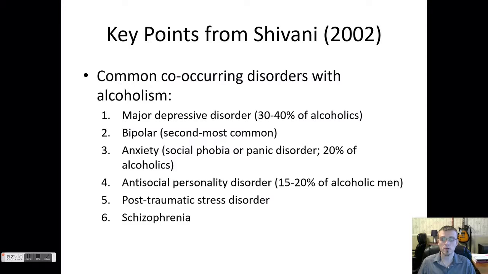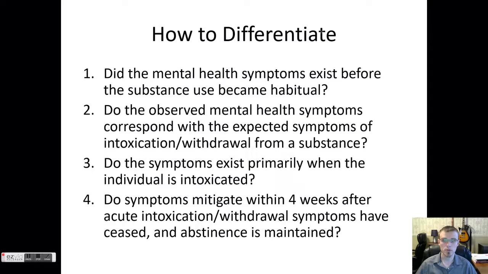We will see much higher rates of co-occurrence with PTSD. That being said, alcoholism also has some very high, or at least higher than average, co-occurrence rates with PTSD. There's also some overlap with schizophrenia, but not to the extent of these other disorders.